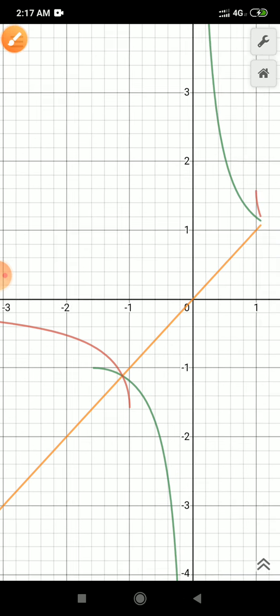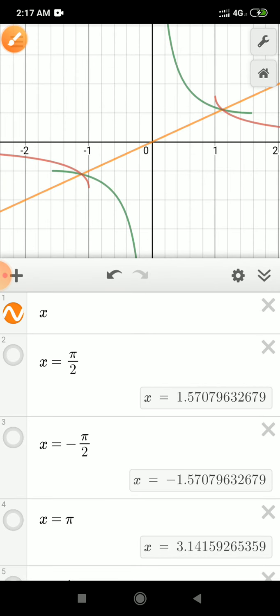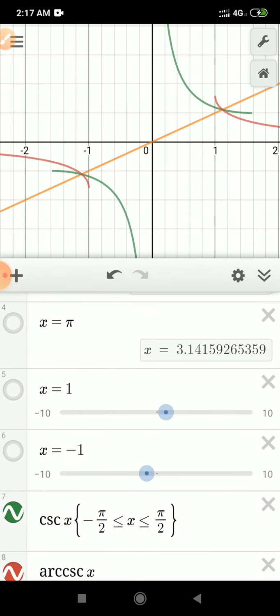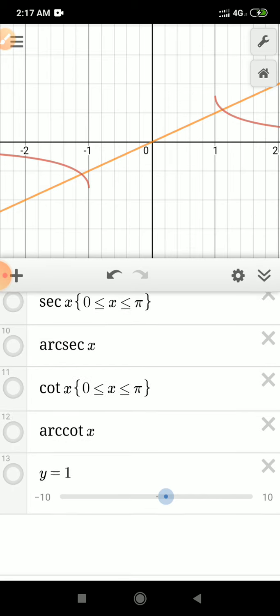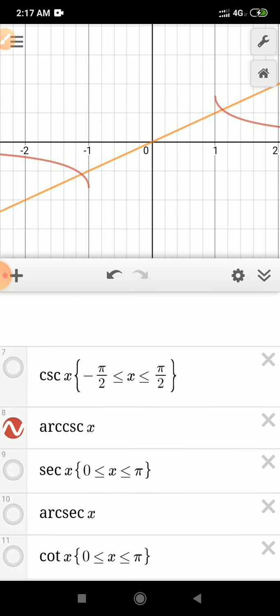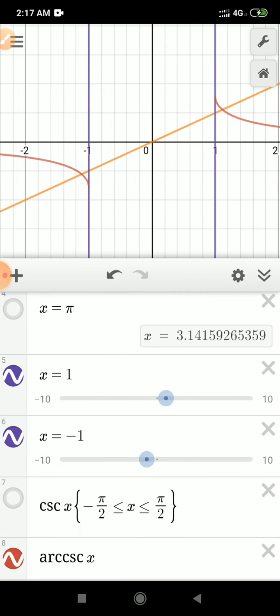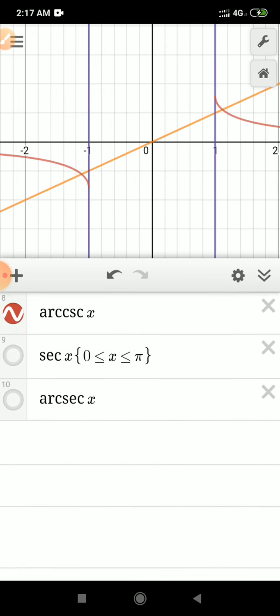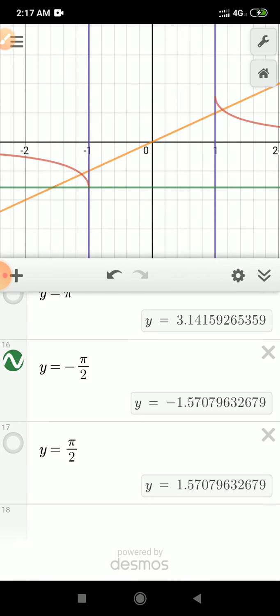So now the question is what is the domain and range for this cosec inverse? Let me deactivate cosec and activate the lines x equals to 1 and minus 1 and y equals to pi by 2 and minus pi by 2.